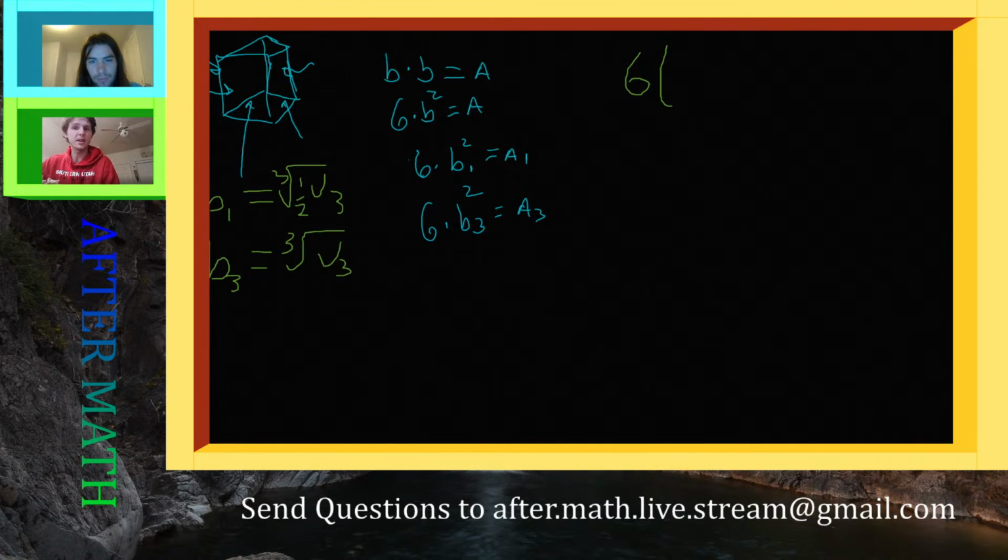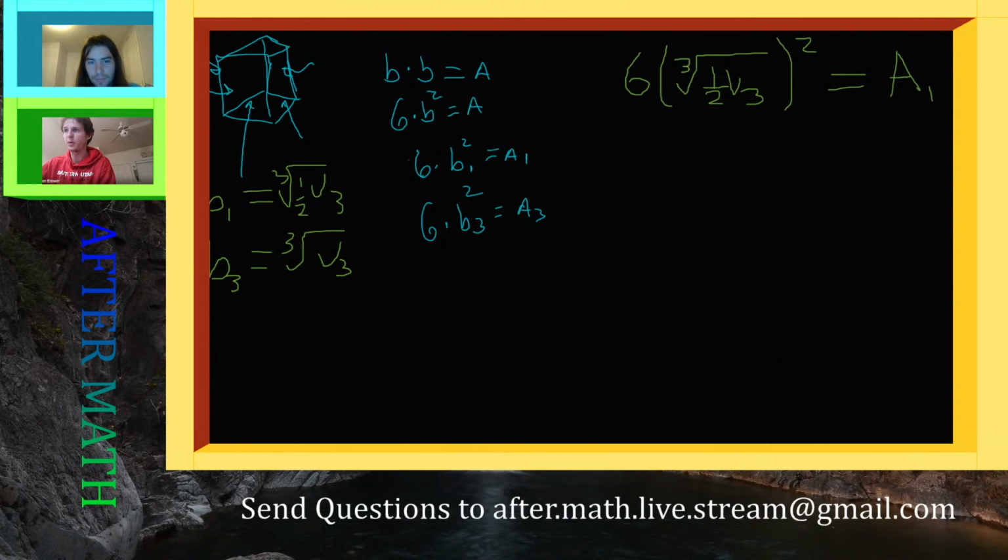Parentheses is another way to represent multiplication. We have 6 times the cubed root of 1/2 V3, and that is squared. That equals the surface area of our cube 1 and our cube 2. They will be the same surface area because we know they have the same volume and they're both cubes.